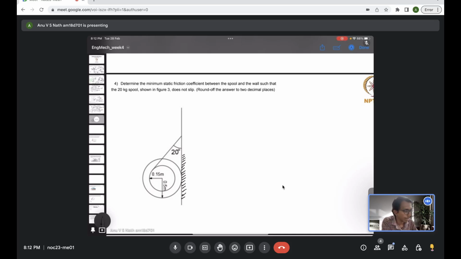I'll just draw the free body diagram of this spool.